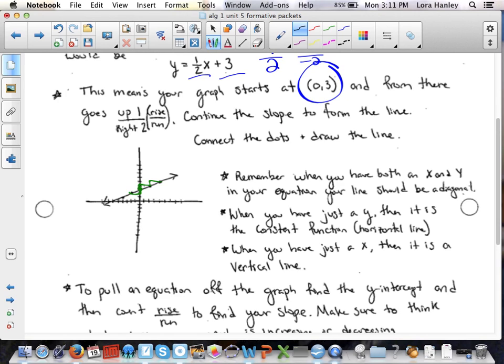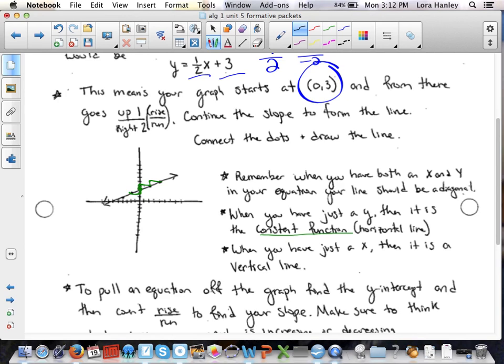There are a few different situations for lines that we can have. For example, the line that we just graphed has both an x and a y in it, which means it is a slanted line. That's not always going to happen. We can also have constant functions, and constant functions are just a horizontal line. When you have a constant function, you will only have a y in your equation.